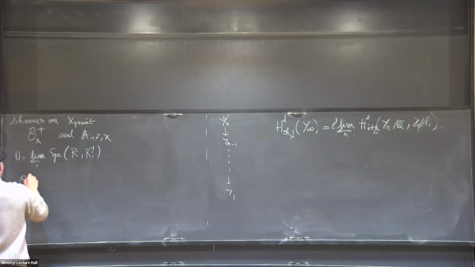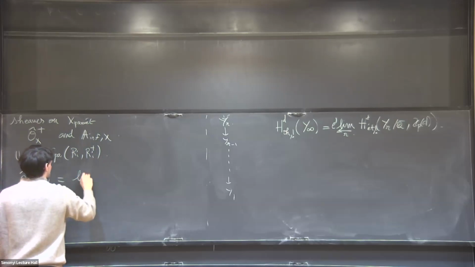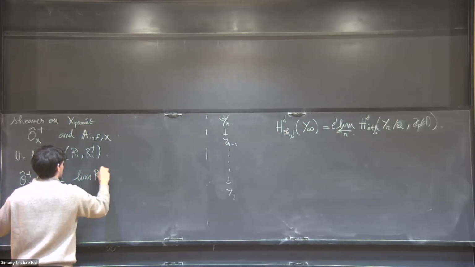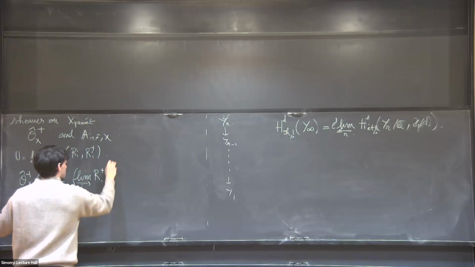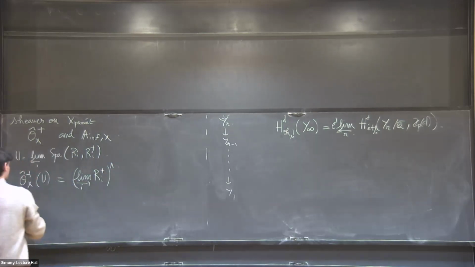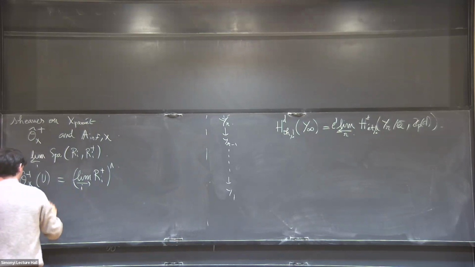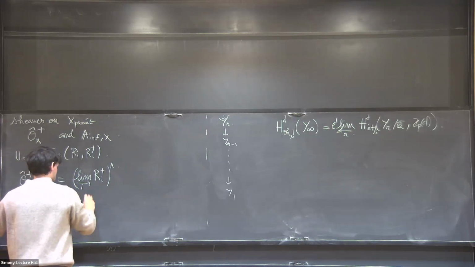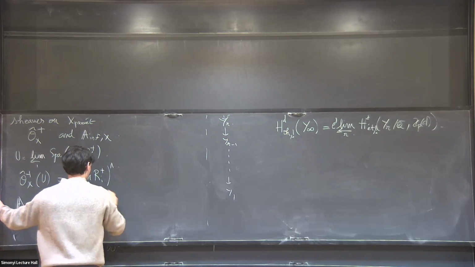Then the value of O_X hat plus on U is just the completion of R plus, and then A_inf of X at U is the Witt vectors of the tilt.